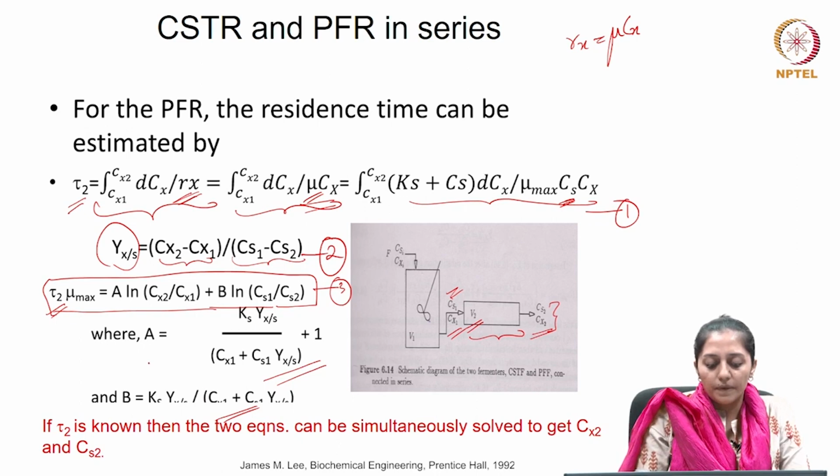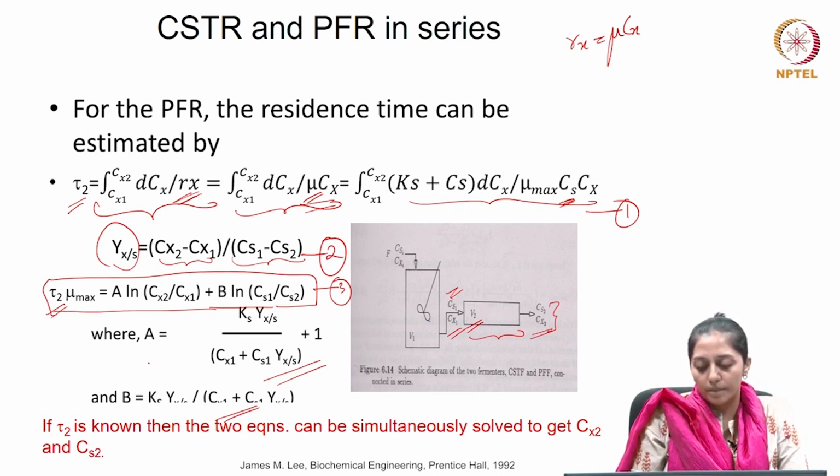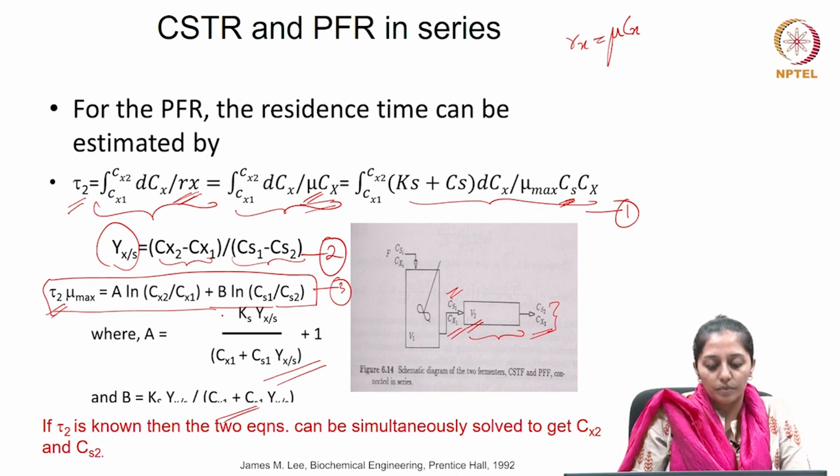So, now once we have these two equations which can be used for the plug flow reactor and for the CSTR, if tau 2, the residence time of the second reactor, is known, then the two equations can be simultaneously solved to get CX2. The two equations, equation 2 and equation 3.